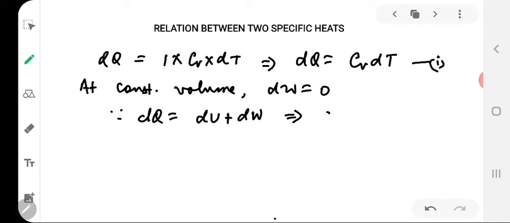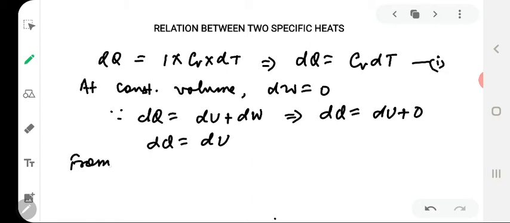So this implies dQ will be equal to dU plus 0, or we can write down dQ to be equal to dU. So therefore, from equation 1, we can write down dU to be equal to Cv dT.